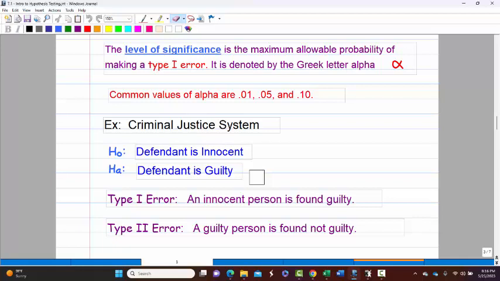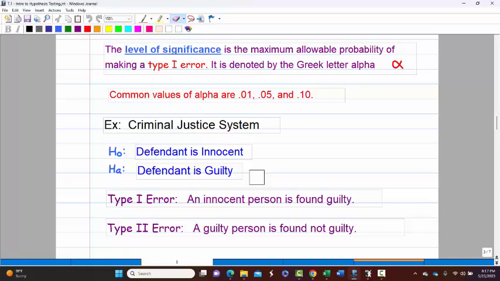What that's saying is, if we find them not guilty, we're not 100% sure, but we don't have the evidence to reject the null hypothesis.